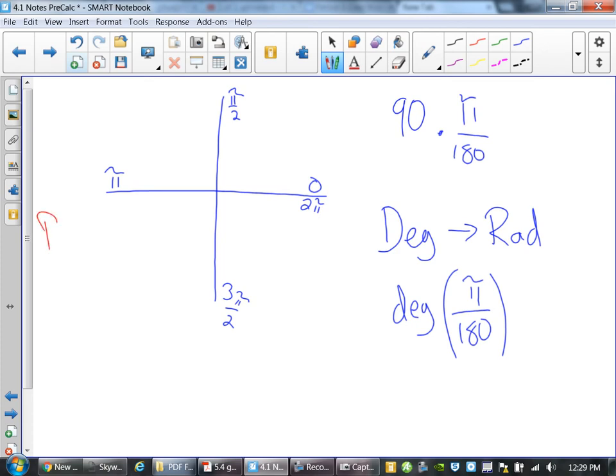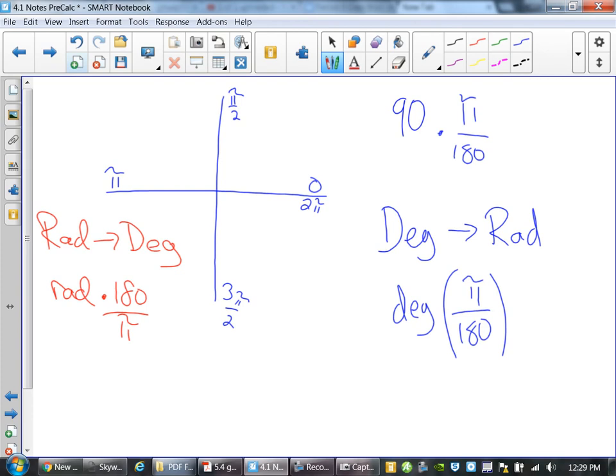You go from radians to degrees by taking the radian value, multiplying it by 180, and dividing by pi. Okay, that's how that's going to work.